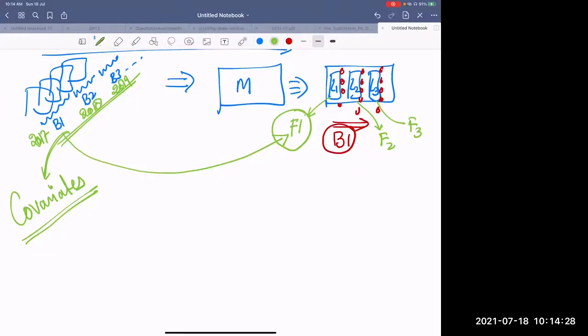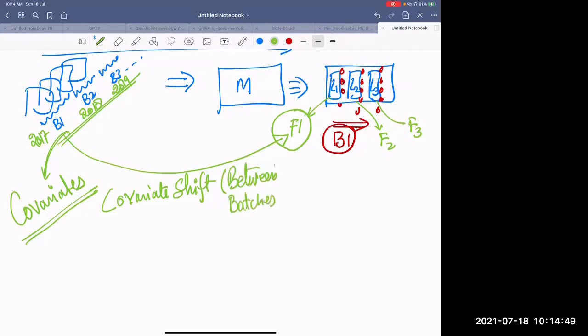The same thing is going to happen within the data itself, and because of that it is called covariate shift between batches.